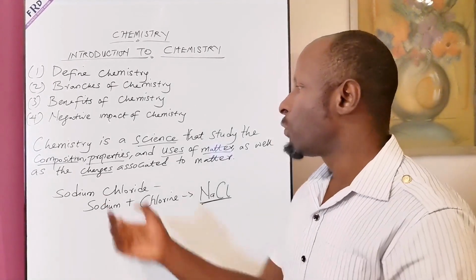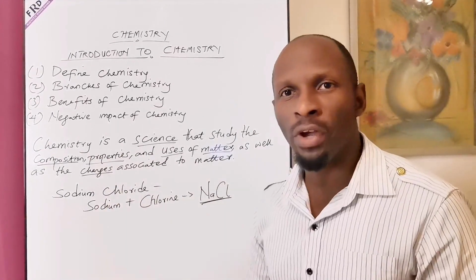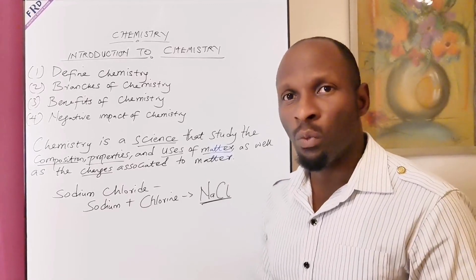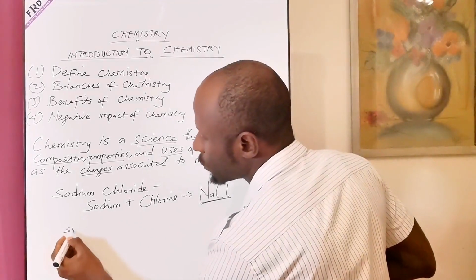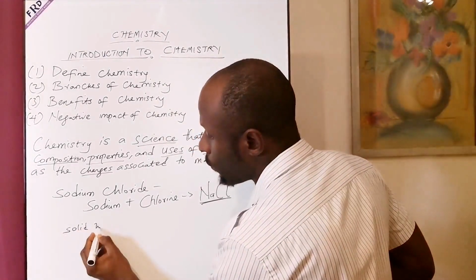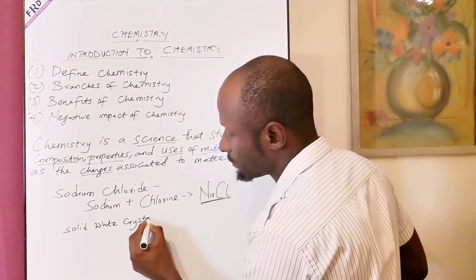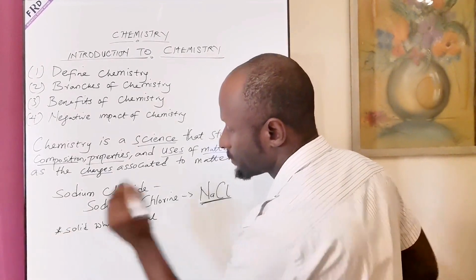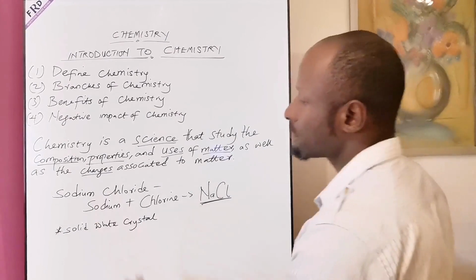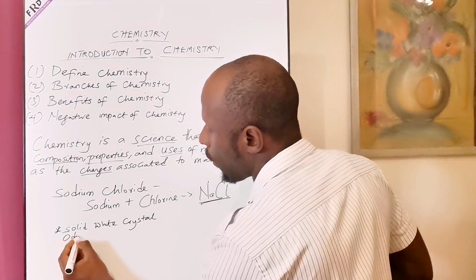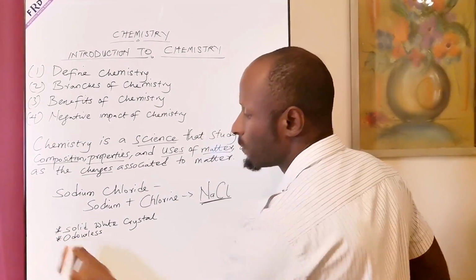Okay. Now, if you talk about the properties, what are the properties of sodium chloride or table salt? First, when you look at it, what do you see? You notice that it's a what? Solid, white crystal. Number one. Then another thing you observe is what? It is odorless. It doesn't have odor.